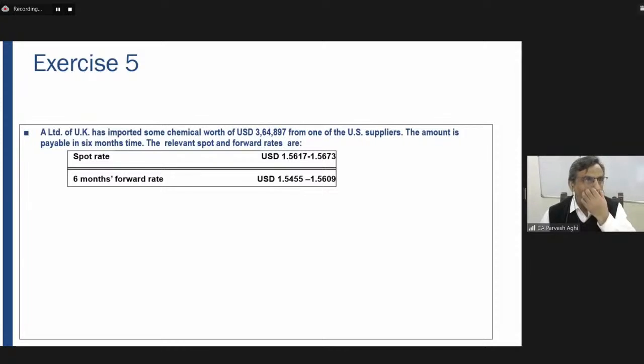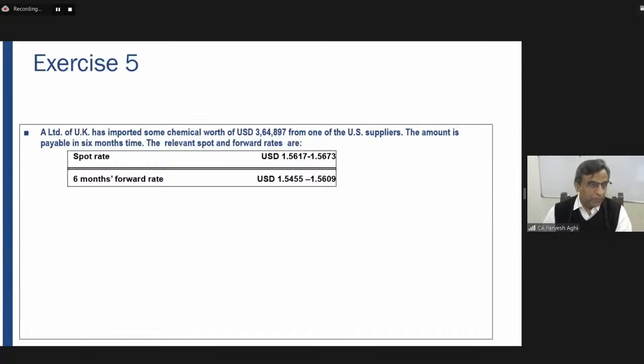A Limited of UK has imported some chemicals worth US dollars $3,64,897 from one of the US suppliers. The amount is payable in 6 months' time, and the relevant spot and forward rates are as follows.